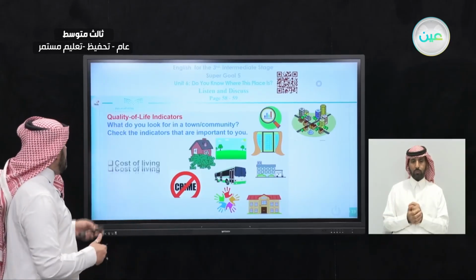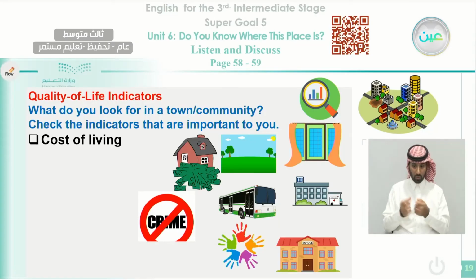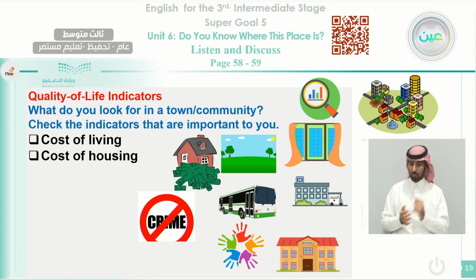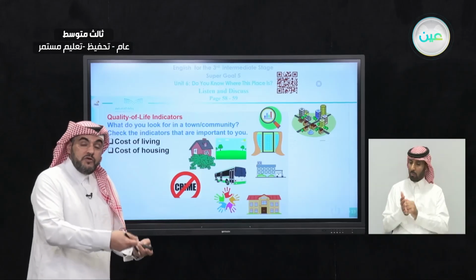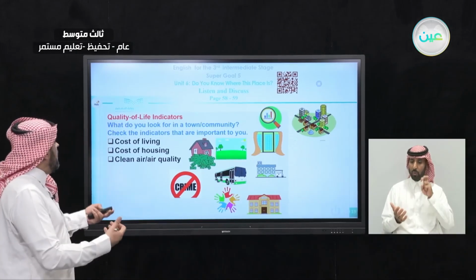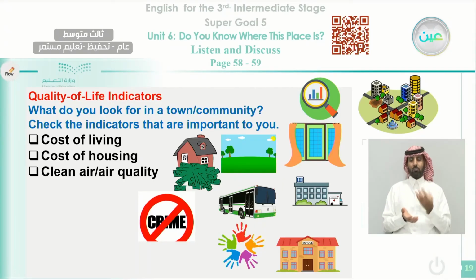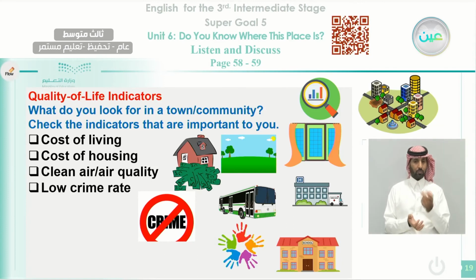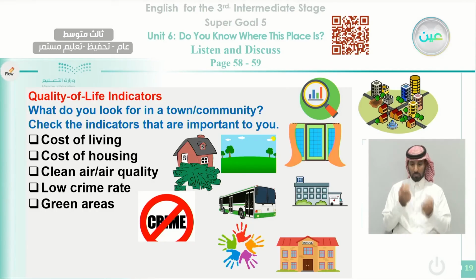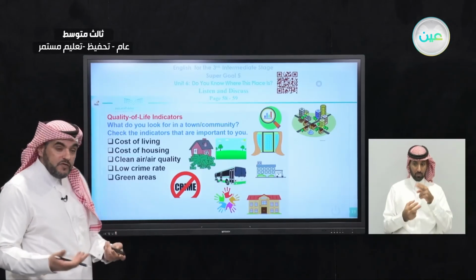Do you think of the cost of living, the money that you pay living in this city, the cost of housing, how much you rent this house? Also, you look for how clean the air is, the quality of the air. Are you looking for a low crime rate? You look for safe areas. Also, how green the areas are.